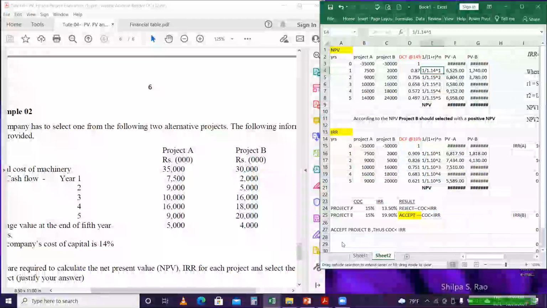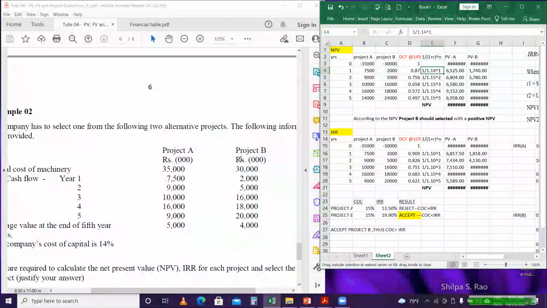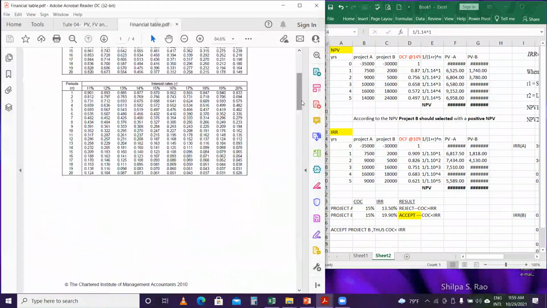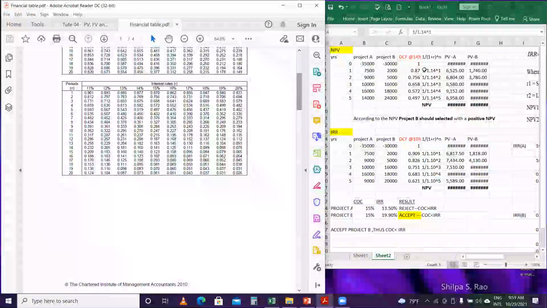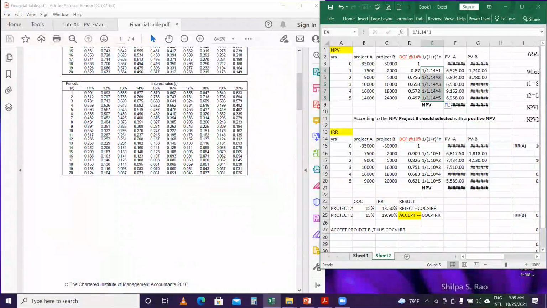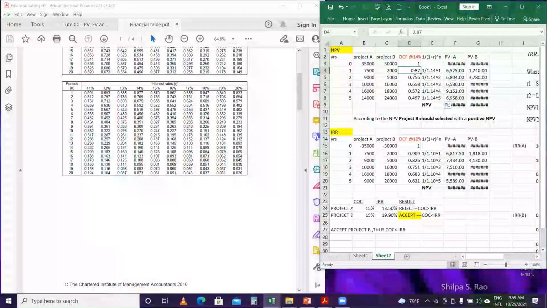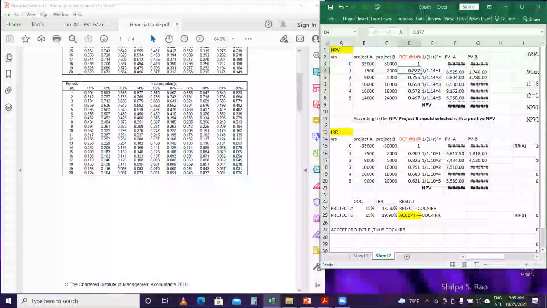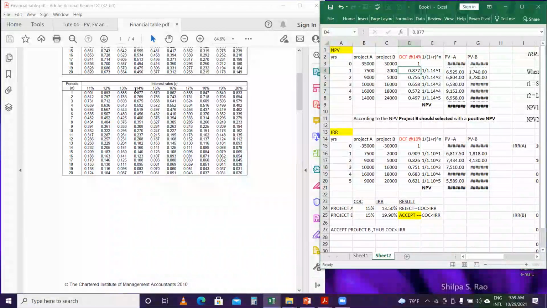So now I'm going to take the discount factor at 14%. The rates are, so you should know how to get the values, how to get the figures. So here 0.877, 0.769. So at 14%, present value kiyana table එකෙන් තමයි ගන්න තියෙන්නේ.